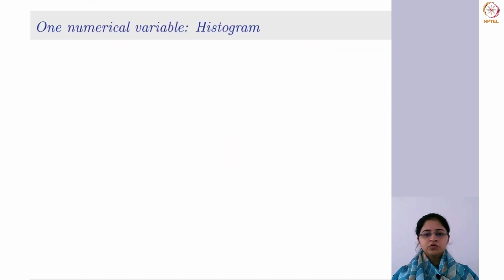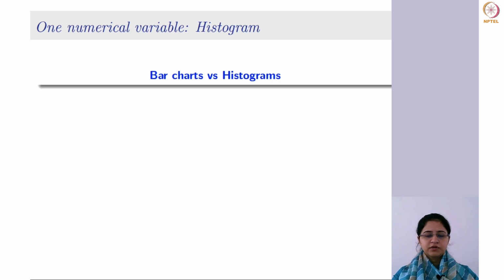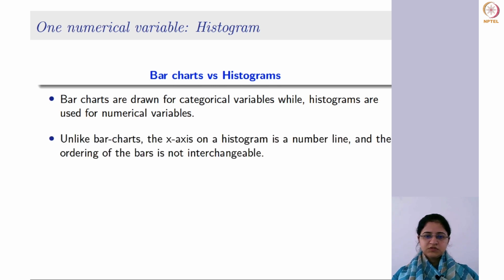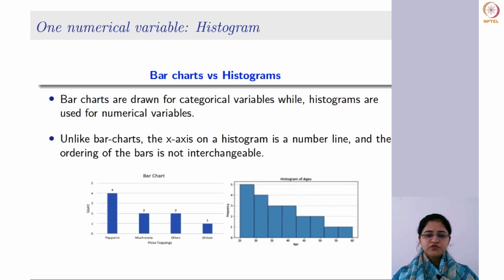Now, also note that bar chart and histograms look similar. But the difference is that bar charts are drawn for categorical variables, whereas histograms are used for numerical variables. Also, in the bar chart, the x-axis is not a number line. On this side, it is a number line, and the order of the bars is not interchangeable in case of histograms.